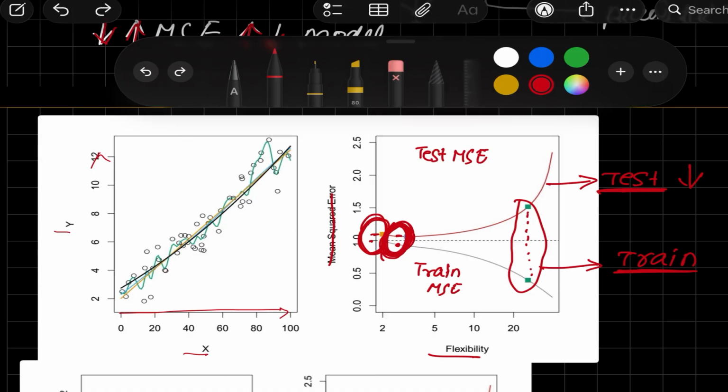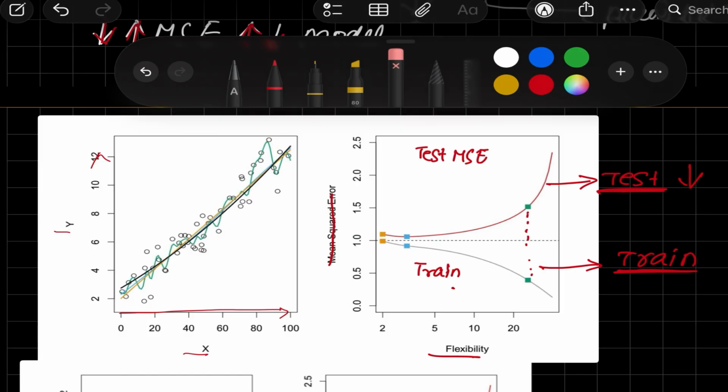Even if it performs a bit high on training error, we want it to perform less in the test error. And this is a very bad thing. You can see what the green model is trying to do. It is trying to capture every noise, which is causing its error to be more.